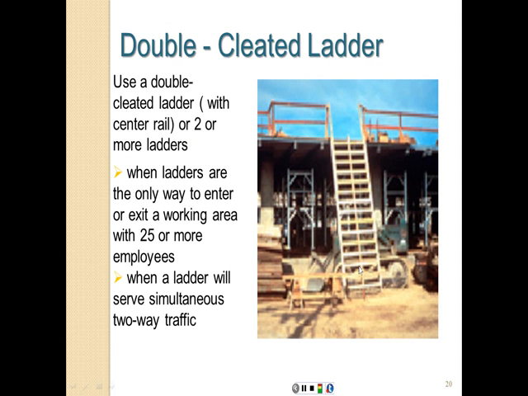You don't want some of them to keep waiting at the bottom until someone gets down. You want to allow motion in both directions at the same time if need be. So if you have 25 or more employees, you have to provide a double-cleated ladder. And when a ladder will serve simultaneous two-way traffic for going up and down, you must provide a double-cleated ladder like this one.